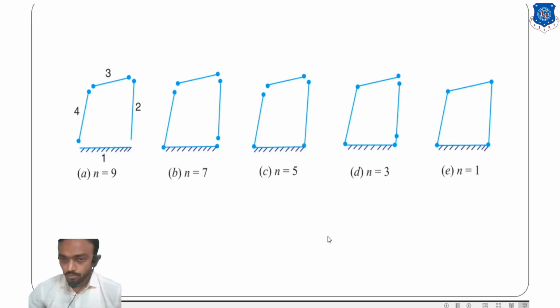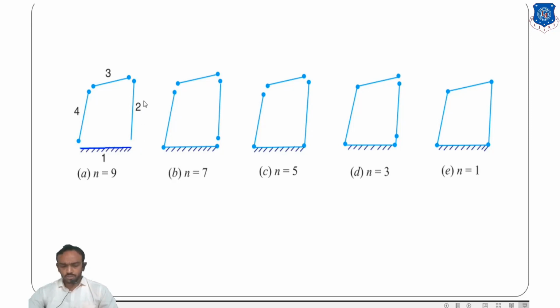So we connect different links to make a chain, and from the chain we fix one link and make the mechanism. There are 4 links here, and you can see one link is fixed. This fixed link's degree of freedom will be 0.